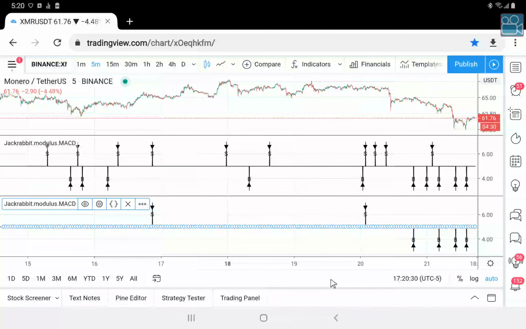So what we have, this version of MACD is evaluating BTC and ETH for buy signals. And these are where they line up. Now, on the second version of MACD, we have XMR going against BTC and ETH combined. So all three coins are showing buy and sell signals. No other changes.